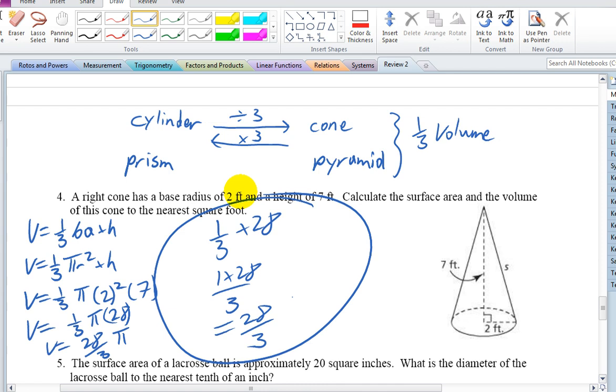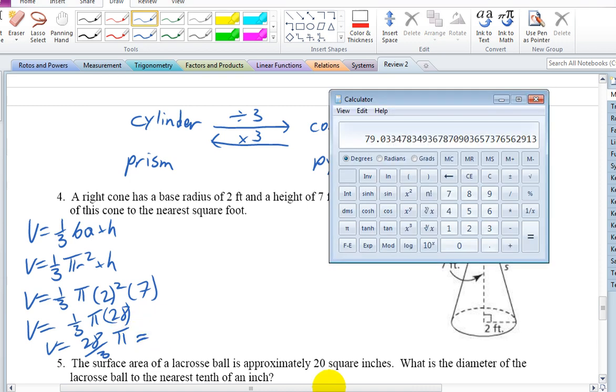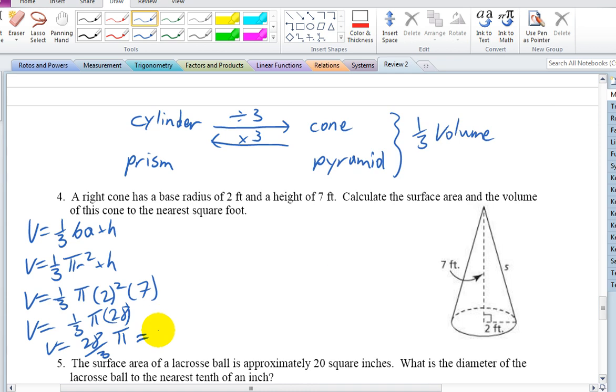Any questions? Okay. Go to a decimal. So 28 divided by 3 times pi. 29.32, and they want the nearest cubic foot, so 29 feet cubed.